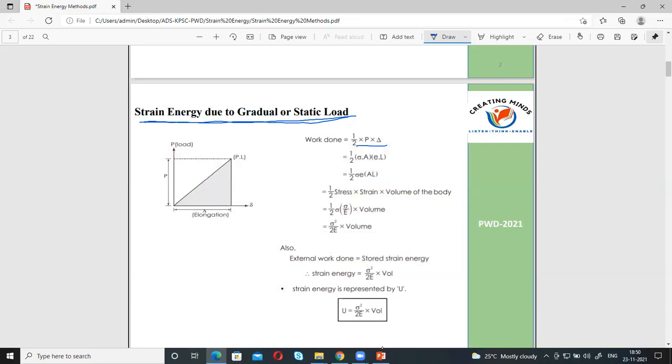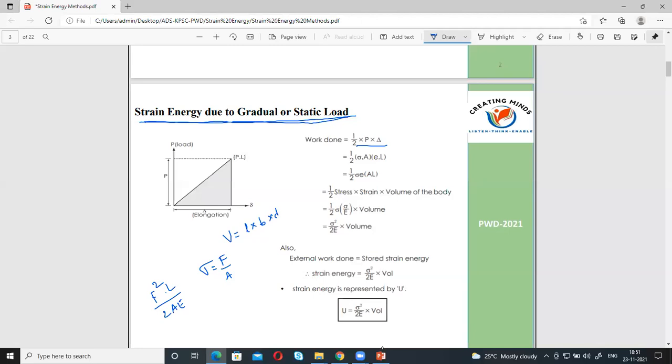What did he do here? Very simple. What we derived is F square L by 2AE. What is sigma? F by A. What is volume? Length into breadth into height, breadth into depth or height.